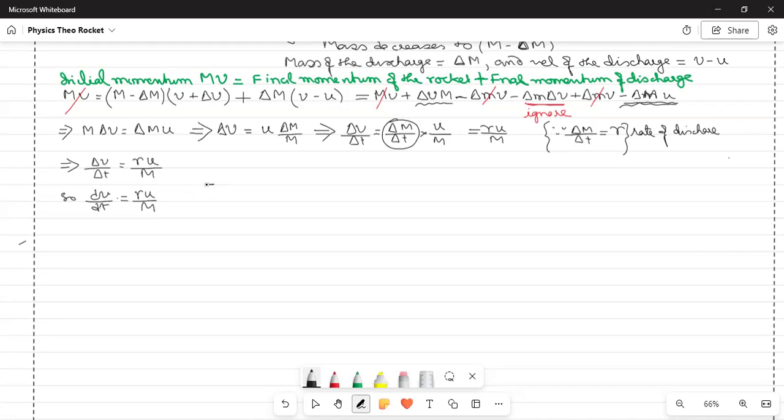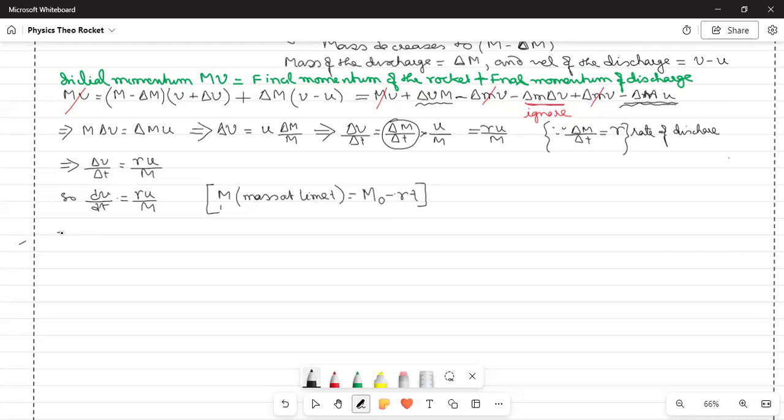M is the mass at time t, which is the mass at zero time, m0, minus the rate of discharge into the time elapsed. So m is equal to m0 minus rt.